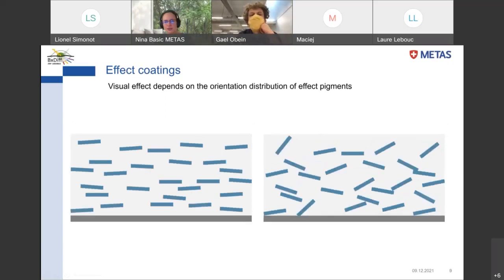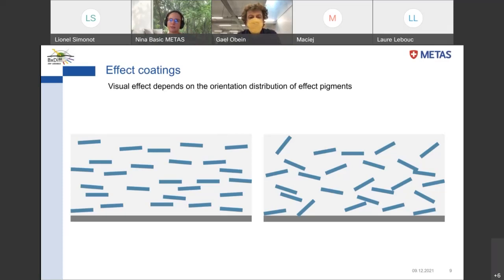The other thing is the orientation of the effect pigments. Now, in the previous slide, I had all of the pigments nicely aligned, but that is never the case. That is never the reality. These pigments are always slightly unaligned, I would say, but still more or less parallel to the surface.